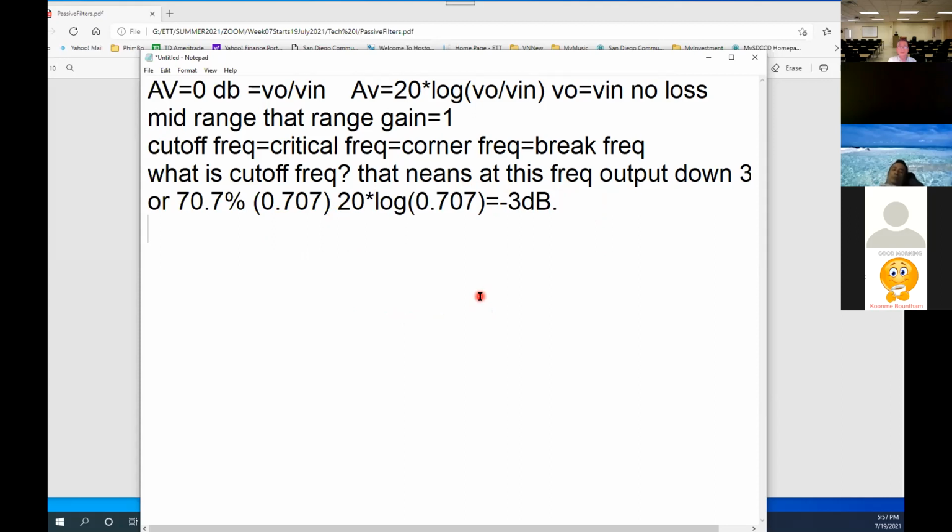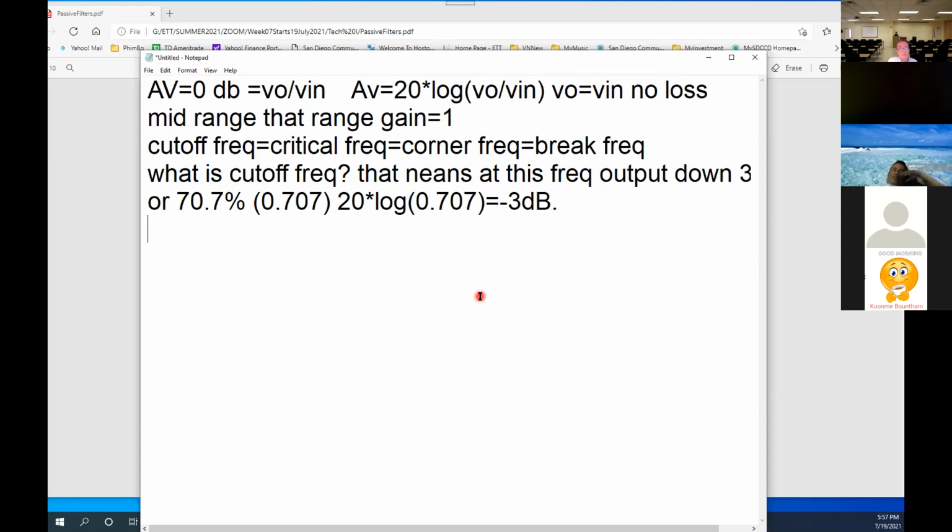Okay, so what is important to you: whenever they're talking about cutoff frequency, that means at that frequency, output will be going down minus 3 dB. That is the way of talking, but not the way of calculation. If you want to do a calculation, you have to use 0.707.